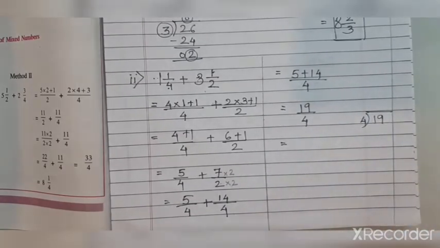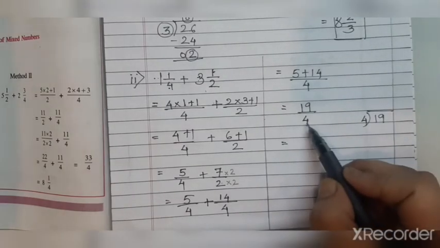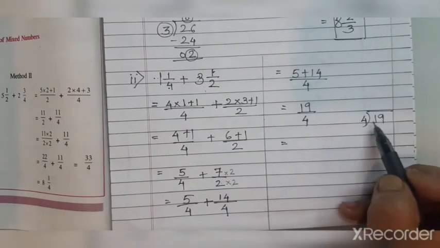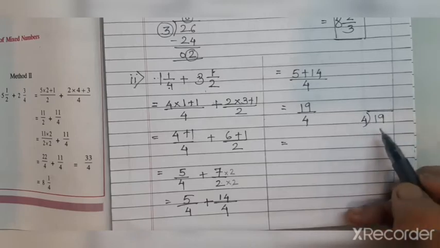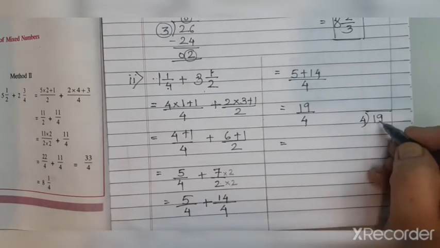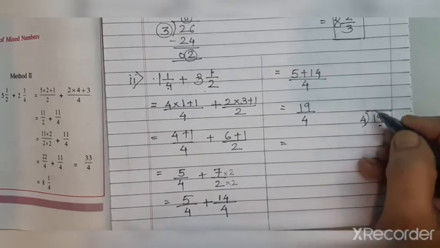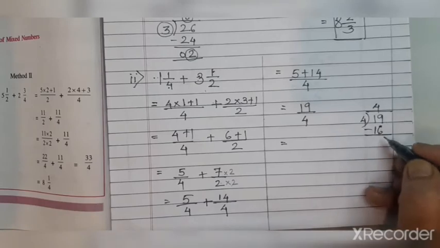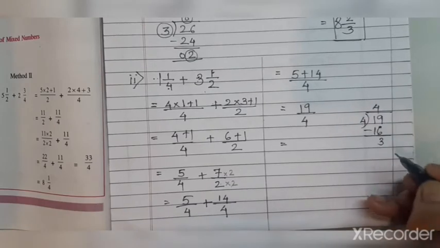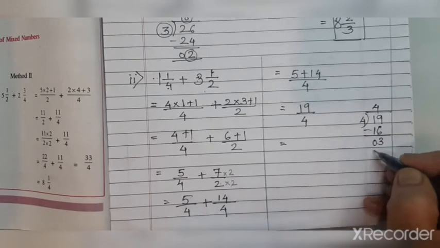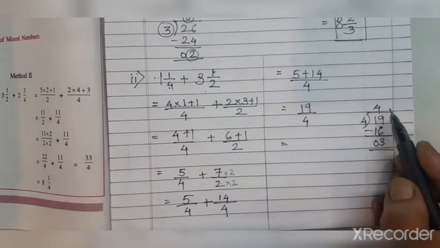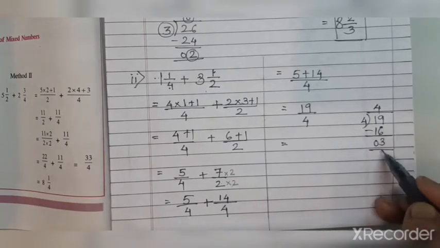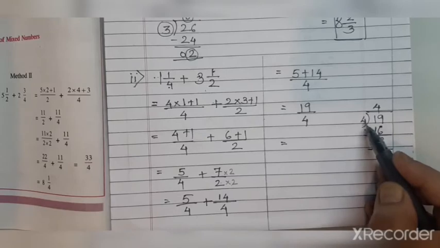How do we convert into a mixed number? That is, 19 divided by 4. Now 4 4s are 16, 4 5s are 20. 4 5s are 20 we cannot take here because it is 19, less than 20. So we'll take 4 4s are 16. Subtract: 9 minus 6, 3. Now we got the quotient as 4, remainder as 3, and 4 is the divisor.